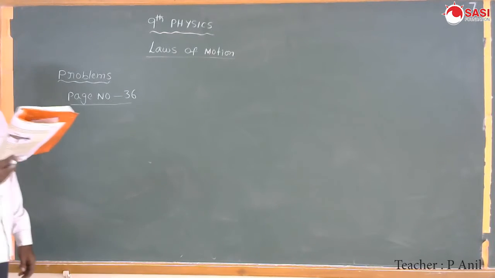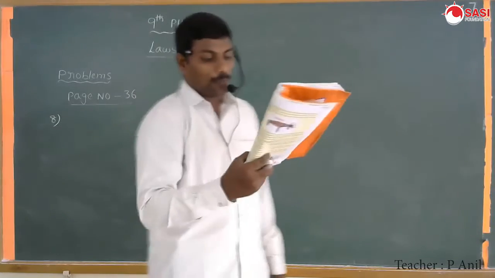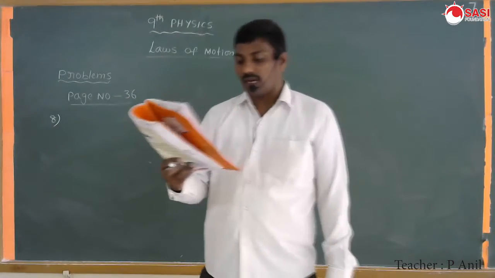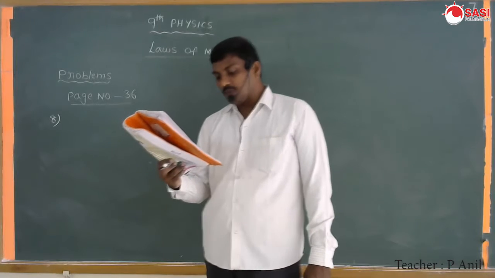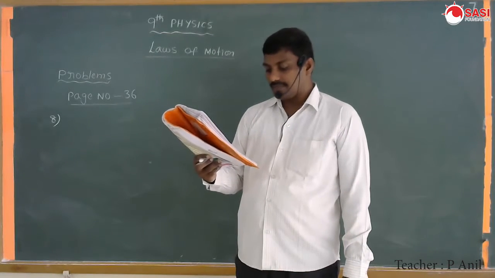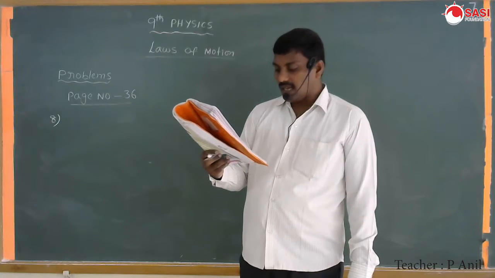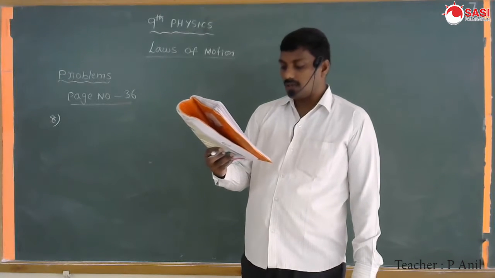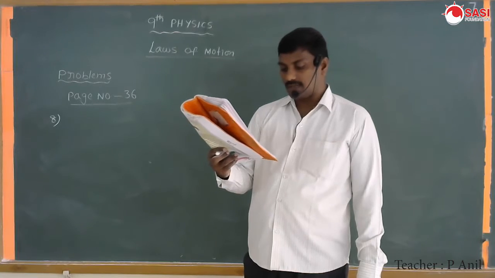Three identical blocks, each of mass 10 kg, are pulled as shown on the horizontal frictionless surface. If the tension in the rope is 30 newtons, that means F is given. What is the acceleration of each block and what are the tensions in the other ropes?